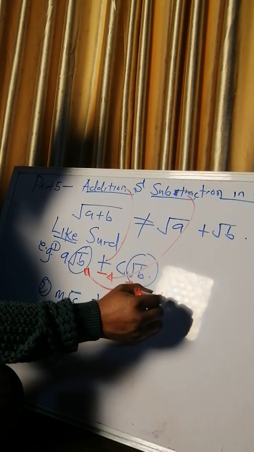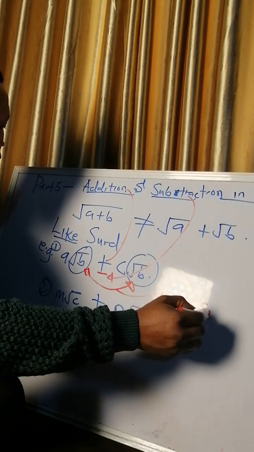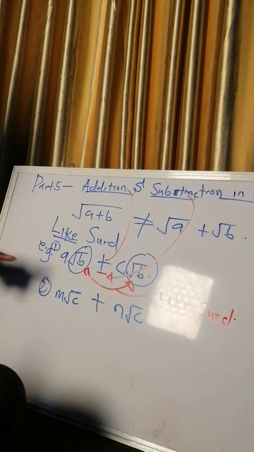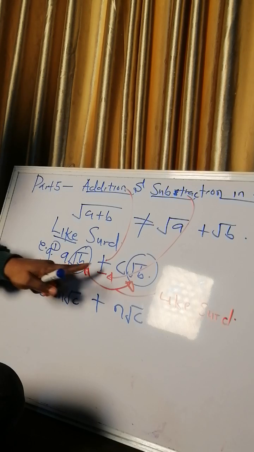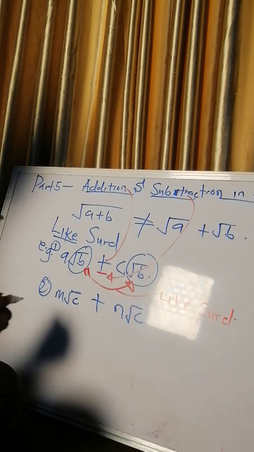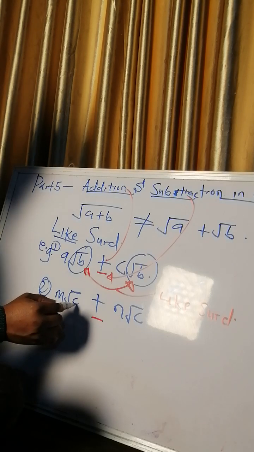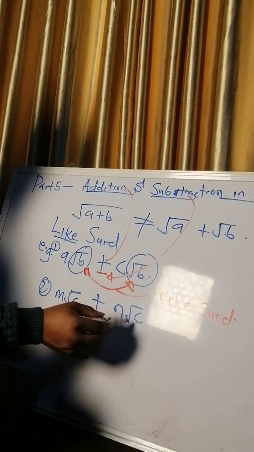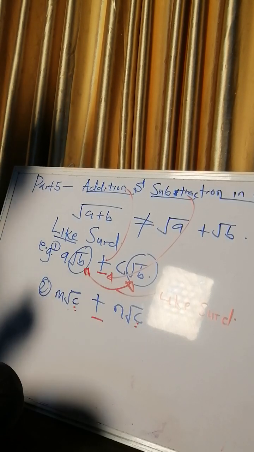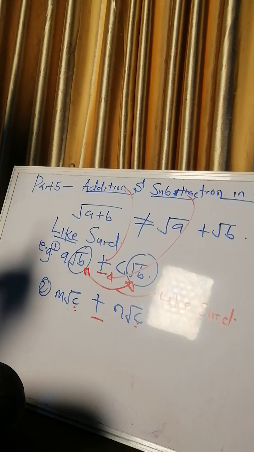So B must be common before you can add them together. The same thing applies here, plus or minus, which shows that C must be common before you can add them together. That is what we call like sort.